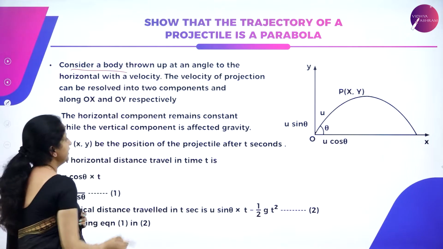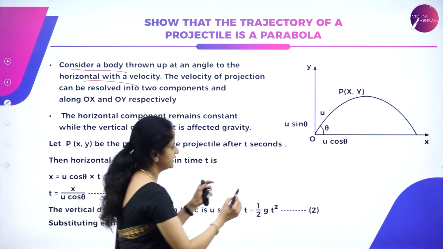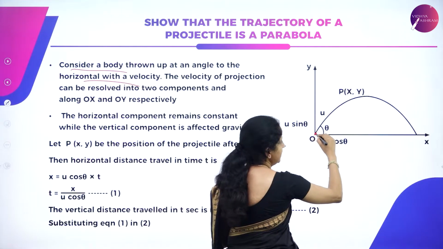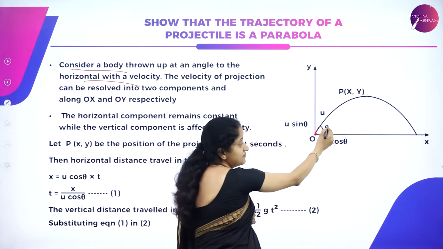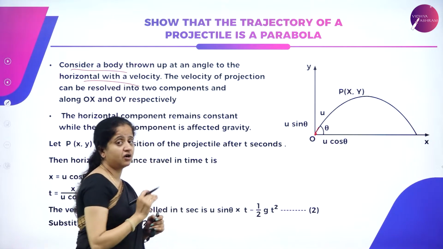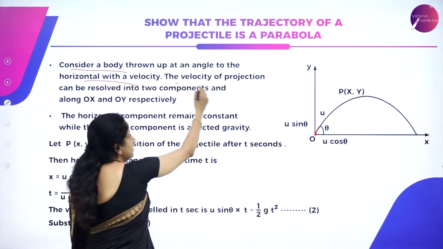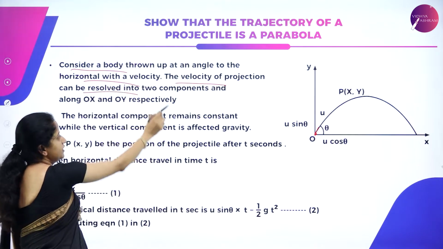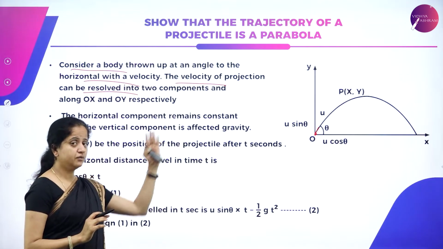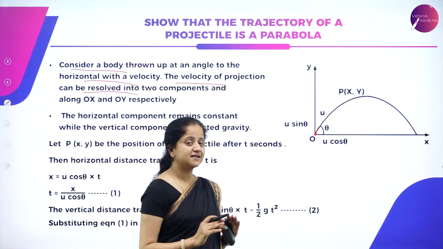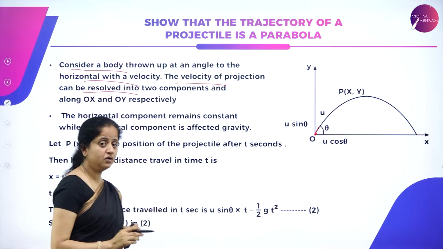Consider a body thrown up at an angle to the horizontal with a velocity. Here we are considering a particle which is projected, making an angle theta with the horizontal, and it has an initial velocity. Now the velocity of projection is resolved into two components, as I already told, along the x-axis and along the y-axis. Along the x-axis it is u cos theta, and along the y-axis it is u sin theta.